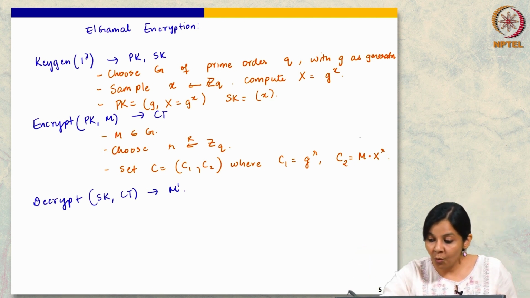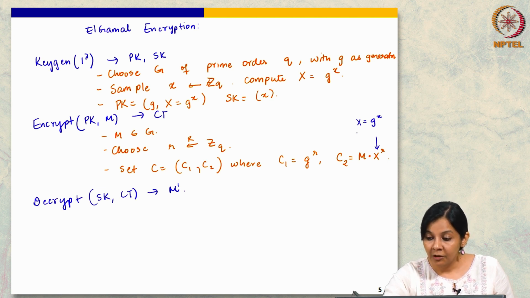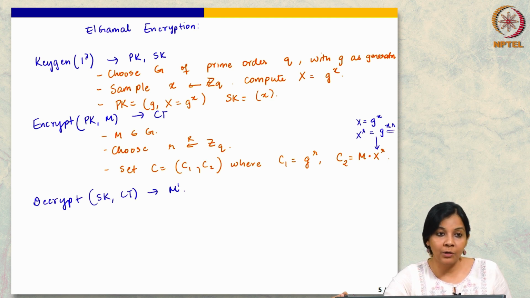Now just note one thing over here. So X is what? It is g to the x, right? So X to the r is what? It is g to the xr. So you can see one nice thing happening already, that by the decision Diffie-Hellman problem, this g to the xr should be indistinguishable from g to the truly random c, right? And my message M is being masked by this term, correct?